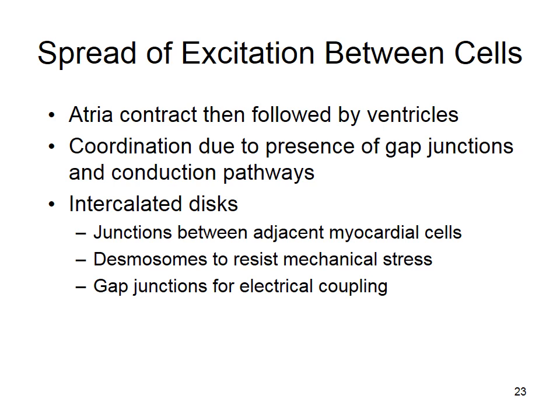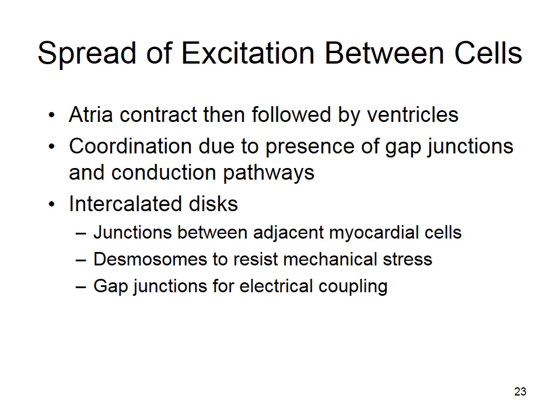So the action potential spreads from cell to cell really rapidly because of those gap junctions. Okay, and then between the atria and ventricles, there's only a conduction pathway, so we can get that AV nodal delay. And then we have the conduction pathway that sends the action potential down the septum, up the Purkinje fibers, and then all those ventricular myocardial cells, the contractile cells, are connected to one another via gap junctions.